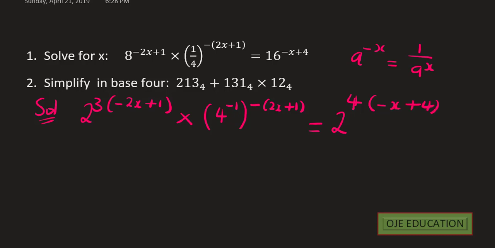Now 3 will multiply the whole of this. Meanwhile, like we said, negative 1 times negative 1, minus minus is plus. Then 1 will be used to open this bracket here. So I have 2 to the power of 3 multiplied by minus 2x will give me minus 6x. 3 multiplied by plus 1 will give me plus 3.